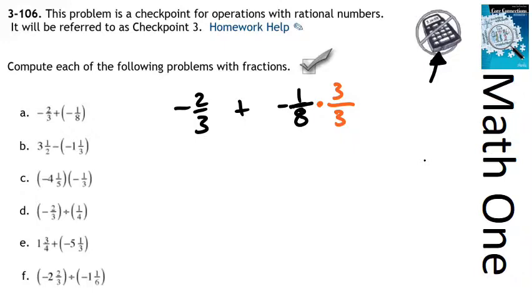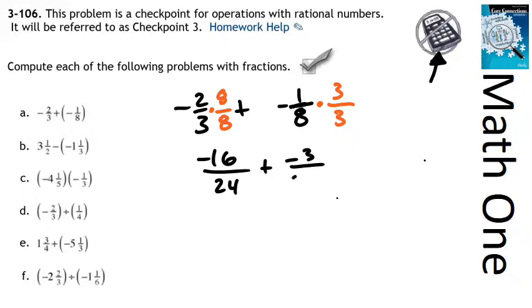The other fraction needs a factor of 8 in its denominator, so I'm going to multiply it by 8 over 8. Now, the moment I do that, my numerator in the first instance becomes a negative 16, and then 3 times 8 is 24. On the other part, I've got a negative 3 over 24.